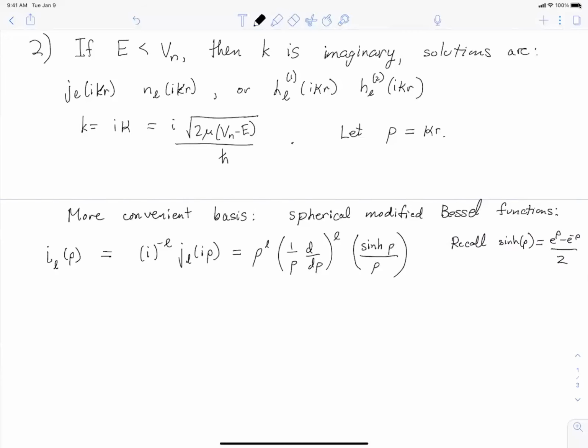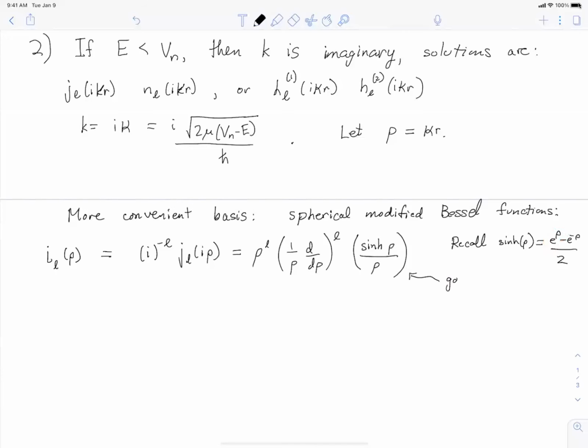And so if you plug that in for rho equals 0, that is vanishing. And so this is a well-behaved function for rho equals 0. On the other hand, if rho goes to infinity, then you're exponentially growing and the thing will not be well defined. So that answers the question of what these functions are good for.